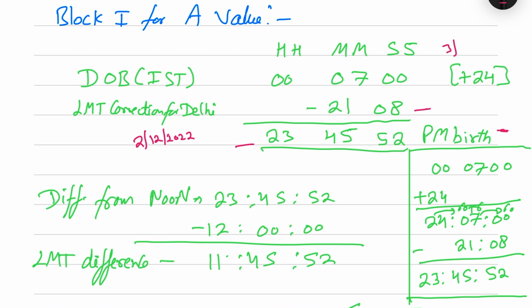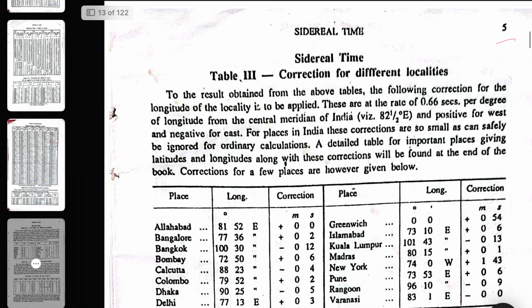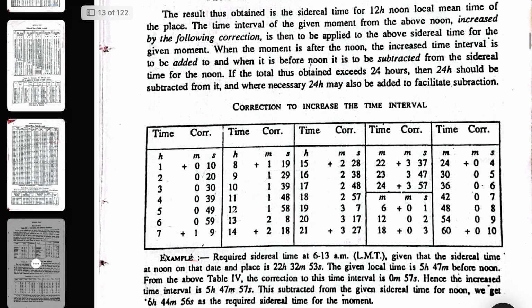Here I have shown how to do this calculation, but you can directly use any method. Then the difference from noon means 23:45:52 minus 12, so it will be a difference of 11 hours 45 minutes. Again, we use the table of ascendant, page number 5, table number 4, which is the correction for increased time interval. These are the hours and the corresponding minutes and seconds. For us it was 11 hours, so it is plus 1 minute 48 seconds.